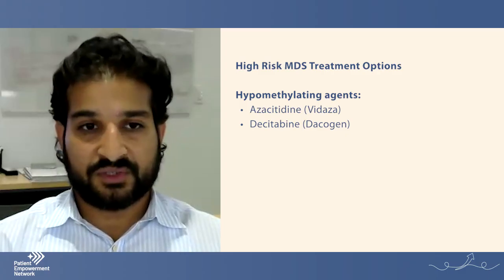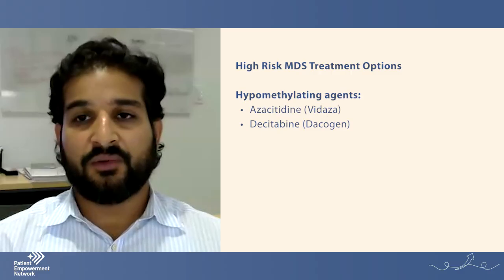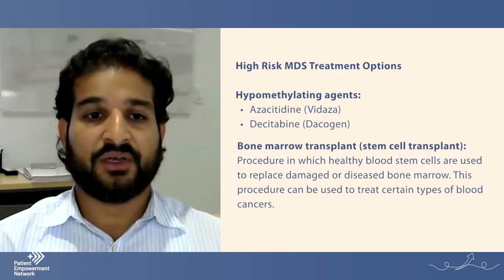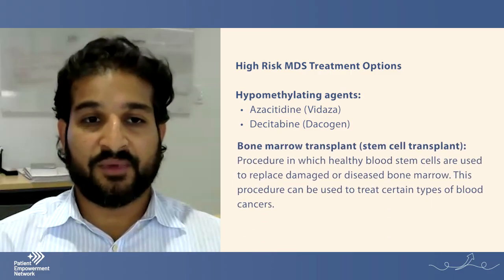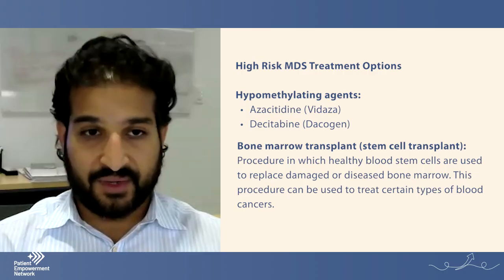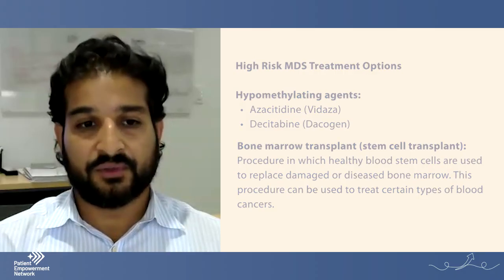So you're always thinking of allogeneic bone marrow transplantation in our high-risk patients if they meet the age criteria and they are fit and robust to go through a bone marrow transplant. We do not typically use bone marrow transplant in the low-risk patient population because the risk and benefit ratio is not aligned, so it ends up being more risky than being beneficial for our low-risk patients.